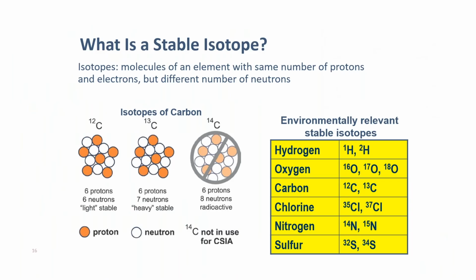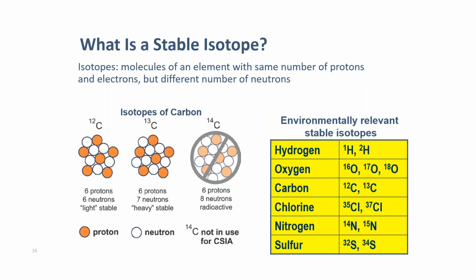So I'd like to talk about some specific contaminant degradation on activated carbon, but before that, I'd like to go over compound-specific stable isotope analysis, because that's the kind of results we're going to be talking about here. I just want to give everybody a little bit of a refresher. Isotopes are atoms of an element with the same number of protons and electrons, but a different number of neutrons.